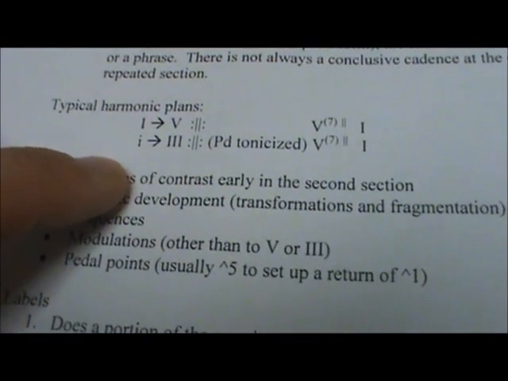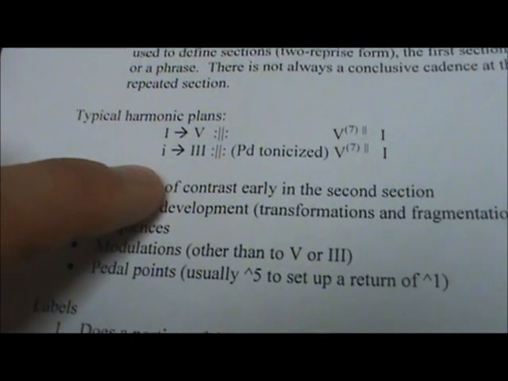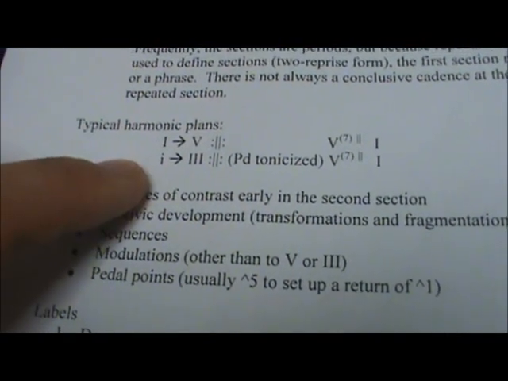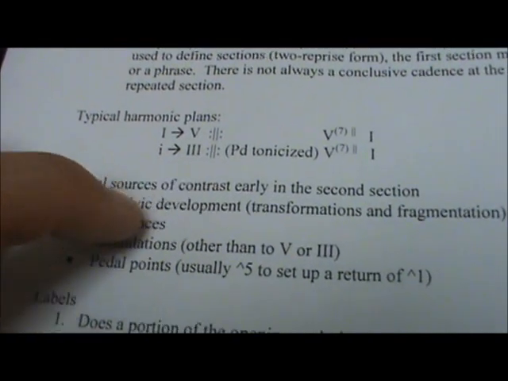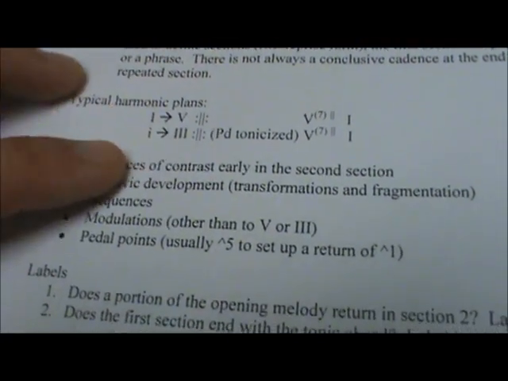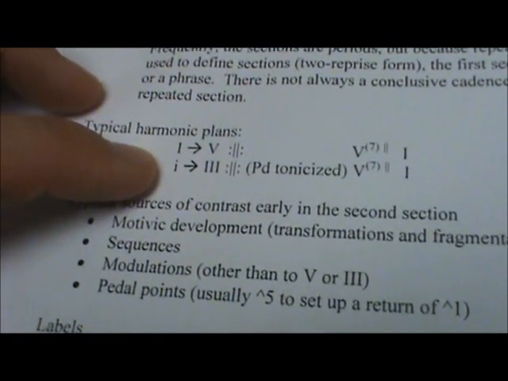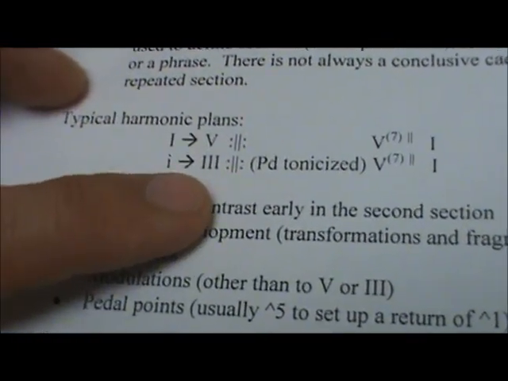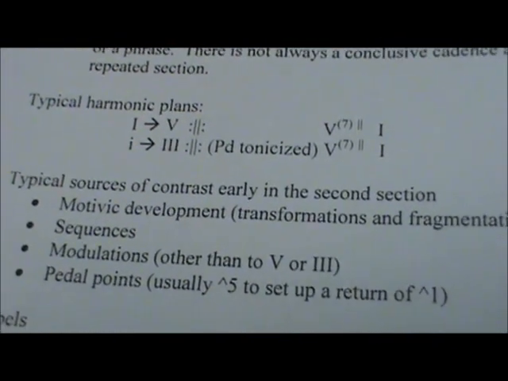But another pattern that happens quite a bit is in minor to go from 1 to 5. So C minor to G minor also happens quite a bit. So if you add that one to our list, motion to 5 in major, to 5 in minor, and to the relative major, 3 in minor. If you have those three, those are really common schemes.